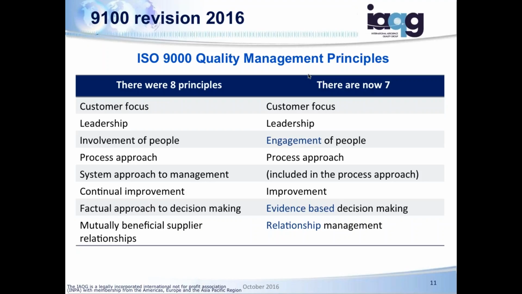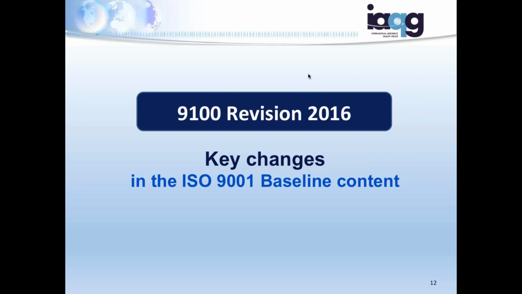Improvement, evidence-based decision making. Once again, we want people using measures of effectiveness, KPIs, key performance indicators, to run the business and to make adjustments based upon that. And then expanding the concept from supplier relationships to relationship management, which is very much in keeping with the new concept of interested parties, which we'll address in just a minute.